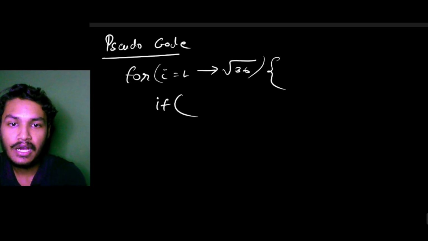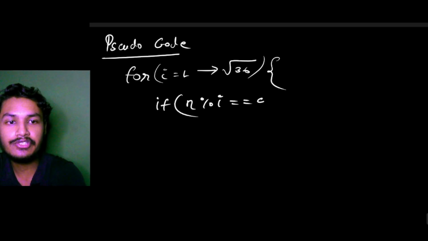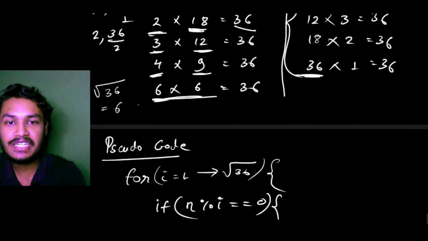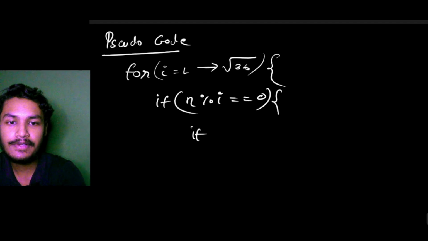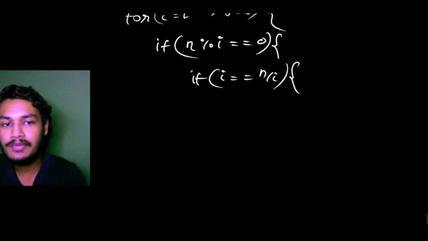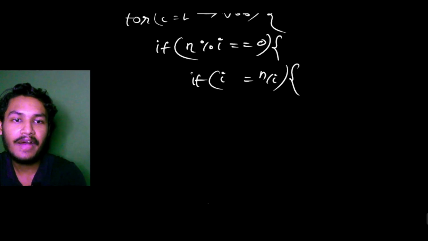If n modulus i equals 0, then we will check for the last condition where both the numbers are the same. So we check if i is not equal to n by i, then we will print i and then print n by i.